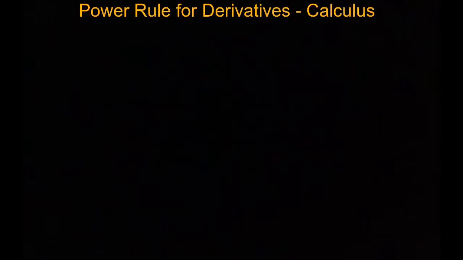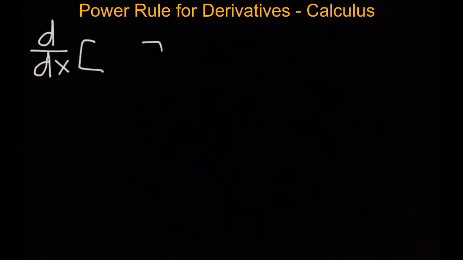Now, here's something you should try and memorize. Let's say we want to find the derivative of x. So in this case, our n value is just 1. So let's try using the formula n times x to the power of n minus 1. So let's substitute 1 into n. So when we do this, we get 1 times x to the power of 1 minus 1.